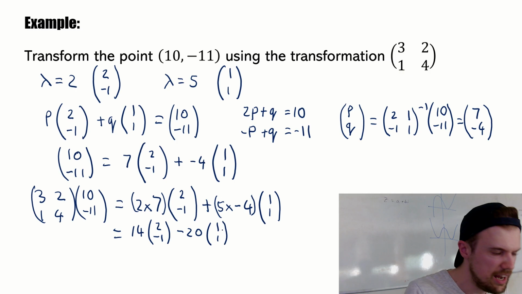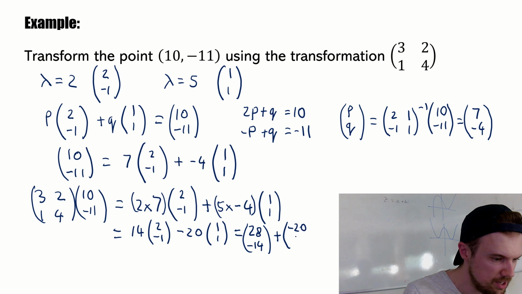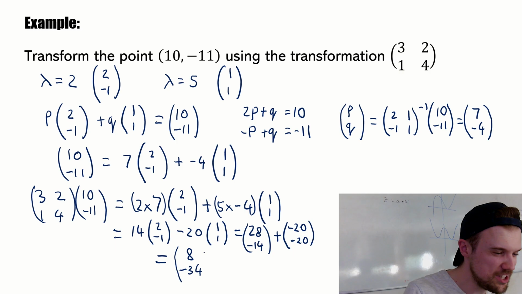Let's work out and see what that comes to. We're going to get 28 and minus 14, let's add it as a negative number, so add negative 20, negative 20. That will get you as a final answer 8 and also minus 34, which is of course the exact same answer we had before.